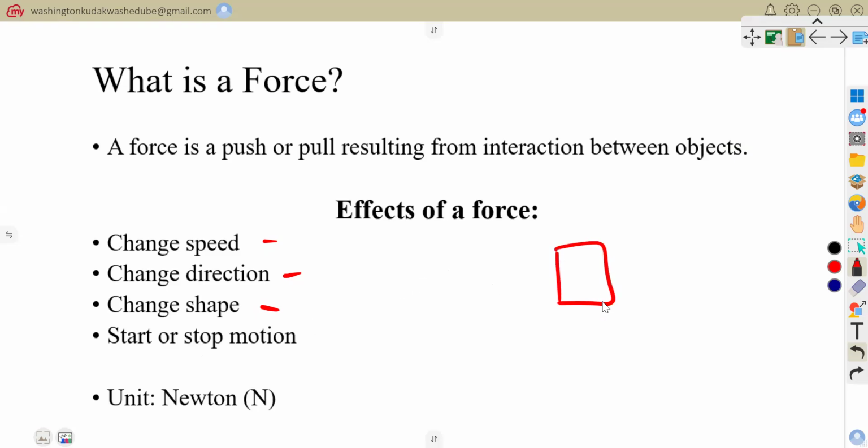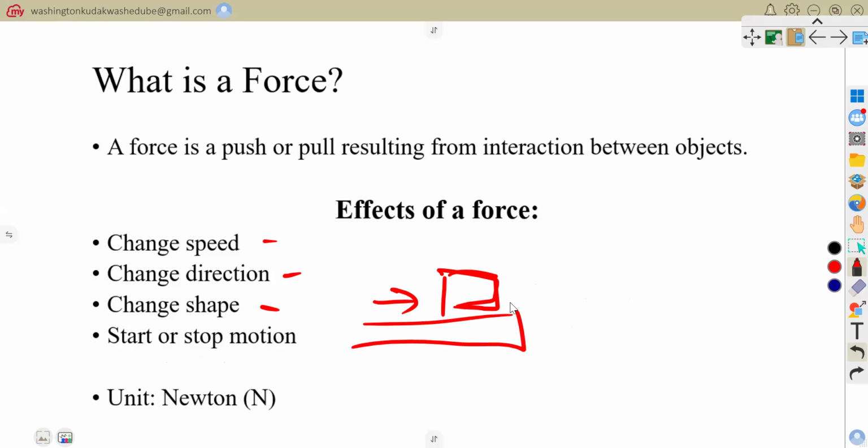So if you have an object that is at rest and you apply a greater force, that object can actually start moving. So that is what? Starting its motion. And then if you have an object that is already in motion, let's say you slide an object, maybe a box, that object actually comes to rest at a certain point in time.